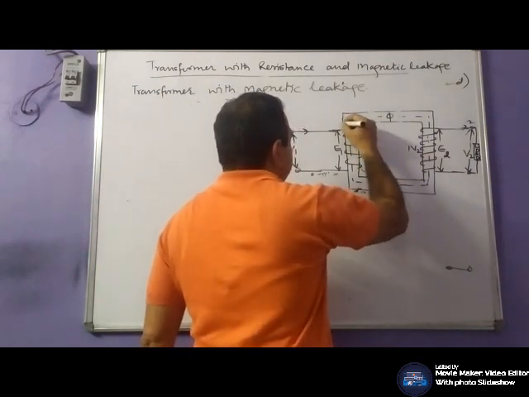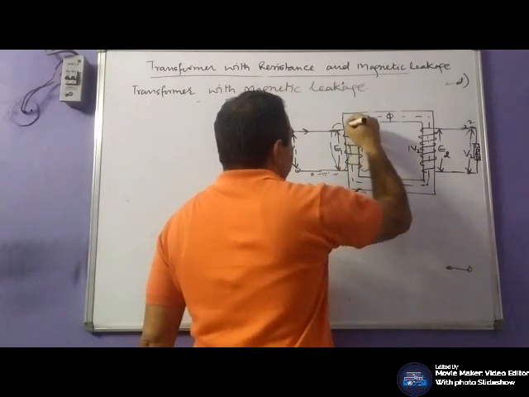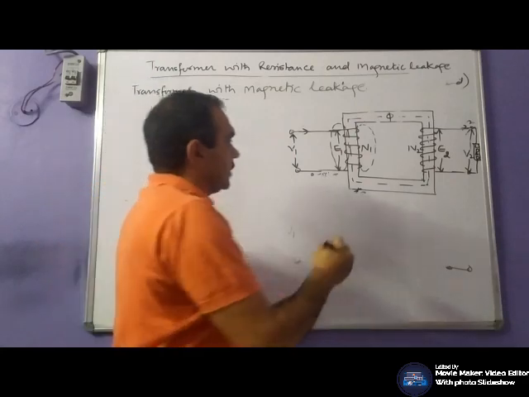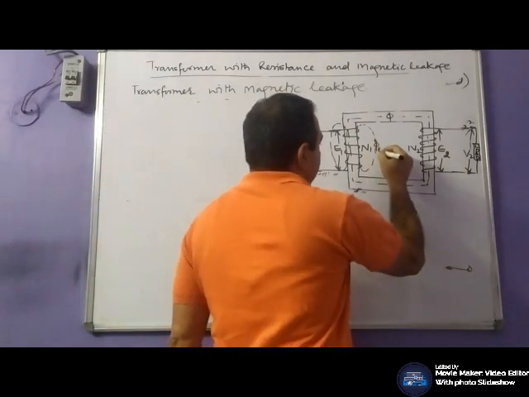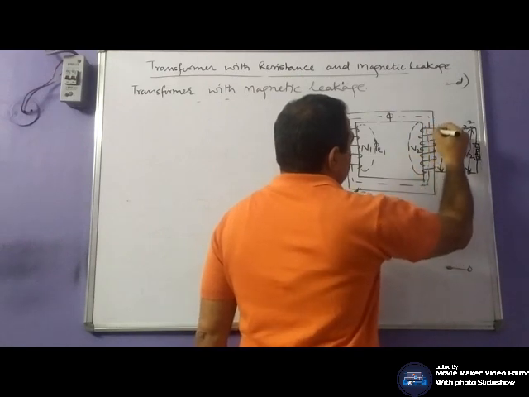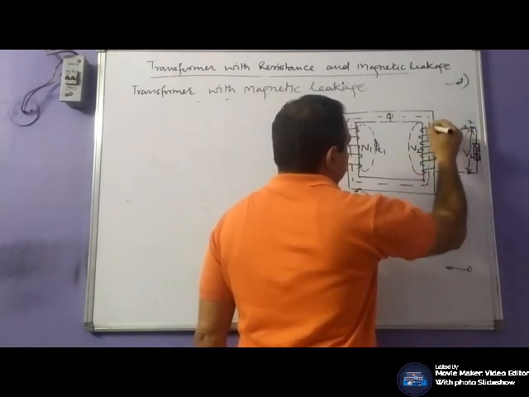There are certain fluxes which link with only one winding, phi L1 and phi L2.